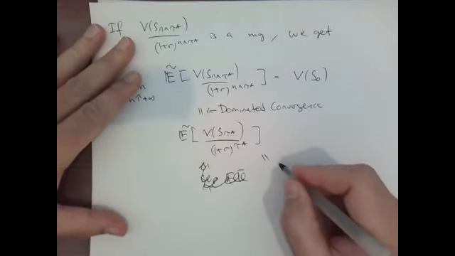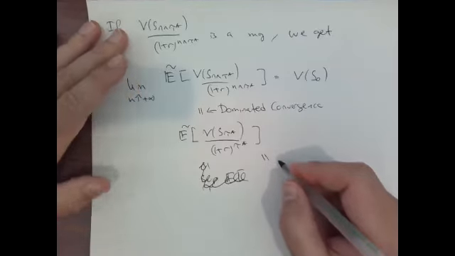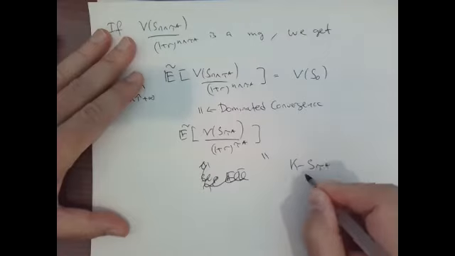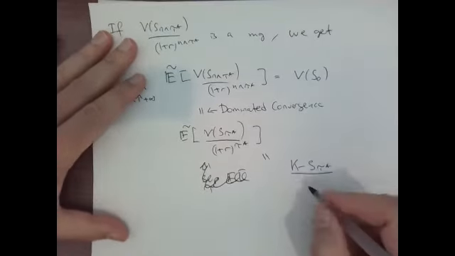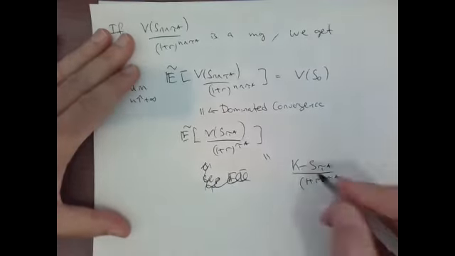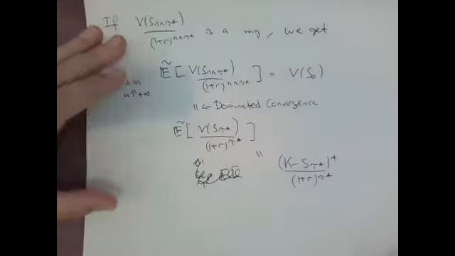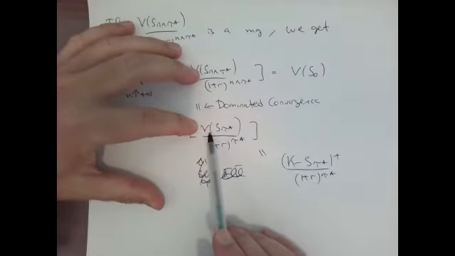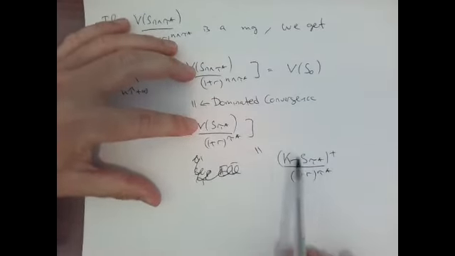If I were to compare with K minus S_τ* over 1 plus R to the τ*, positive part, this is the first time that V becomes equal to the obstacle.